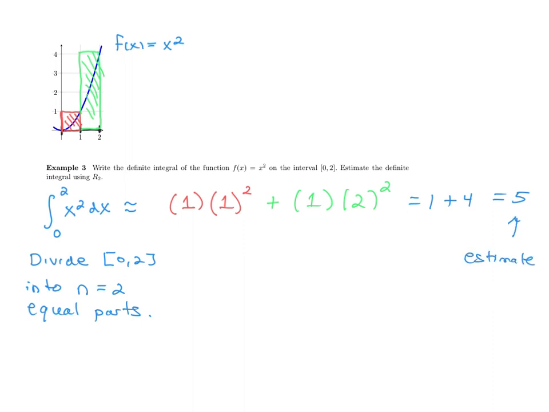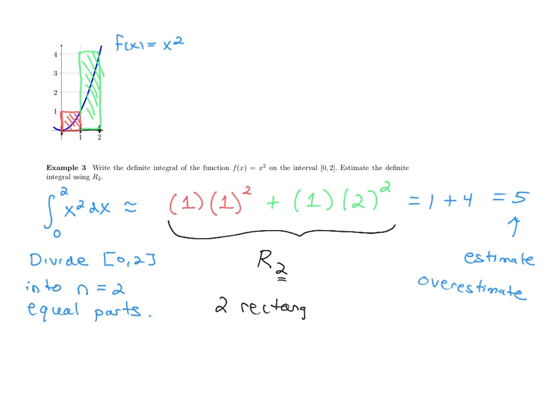In fact, if you look at it, it's a lot more than we actually needed. So we could be more specific and say that this is an overestimate. And that's determined just by looking at the graph itself. This is too much. So the procedure that I've outlined here, this thing is what we call R sub 2. The 2 means we're using 2 rectangles.